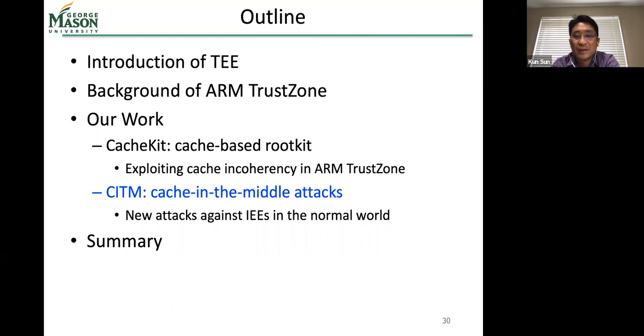You need to do a better job protecting the cache. At the hardware level, TrustZone doesn't provide perfect protection on the cache. Instead, SGX did much better work. So this attack mainly happens on TrustZone, not SGX.